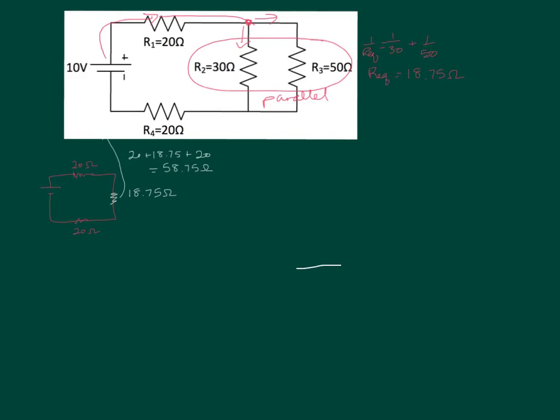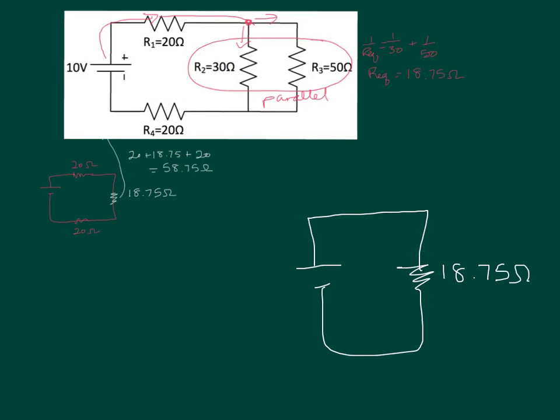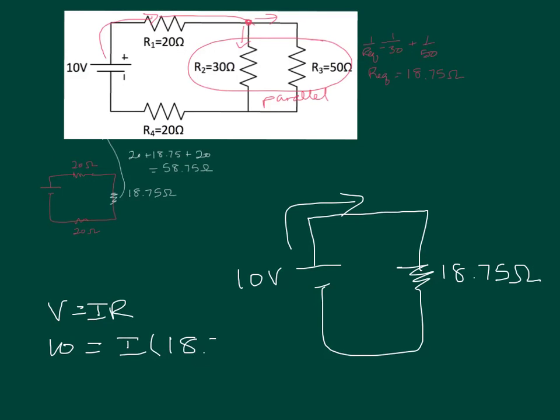So we have the one battery, the positive terminal, the negative terminal, and this is all behaving like it's an 18.75 ohm resistor, and we had a 10 volt battery. So let's find the current coming from the battery. V equals IR. 10 is equal to I times 18.75.